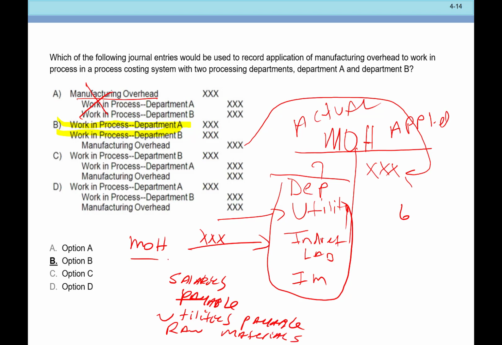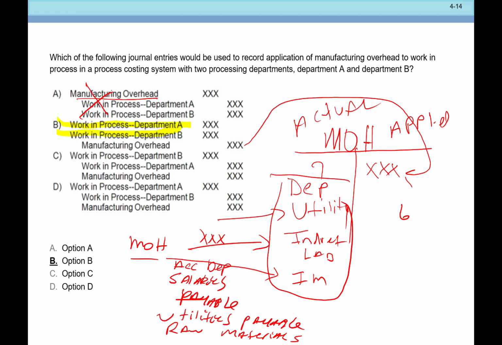And debit the manufacturing overhead. What would I do with depreciation? Good, I would credit accumulated depreciation and debit manufacturing overhead, assuming it was on the factory building, right?